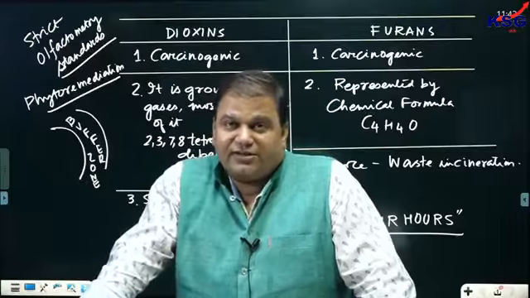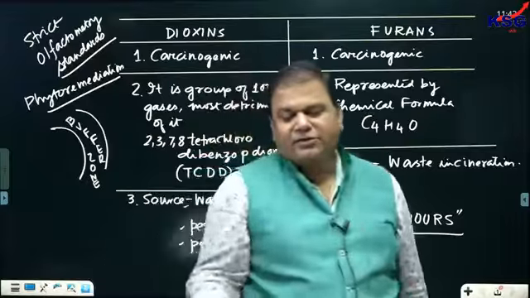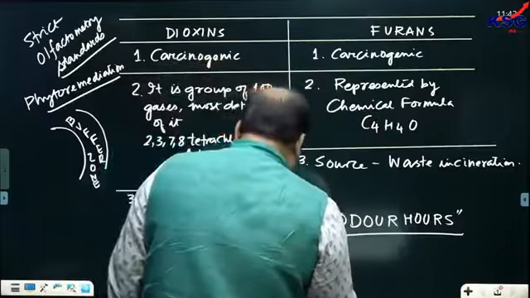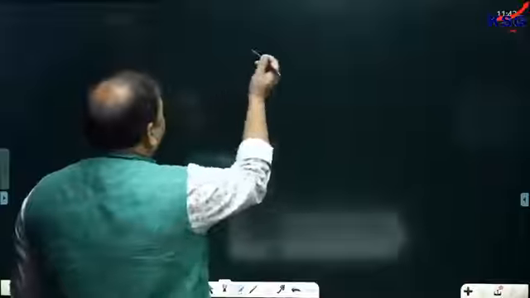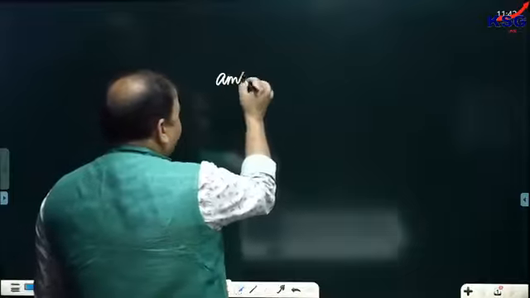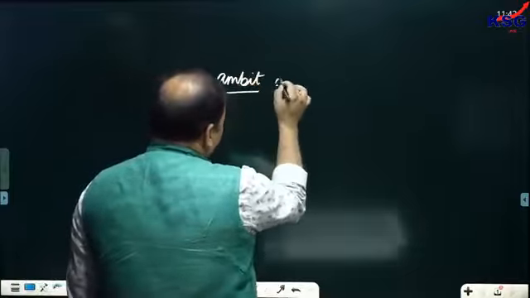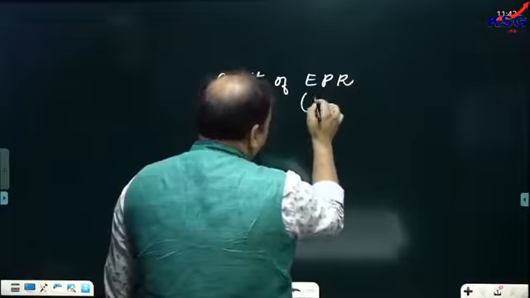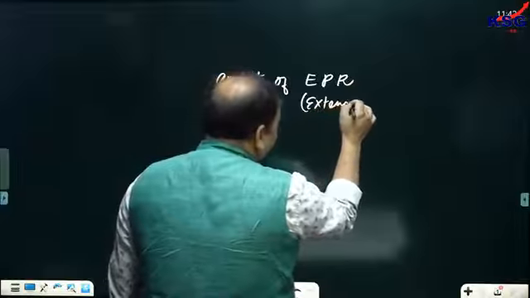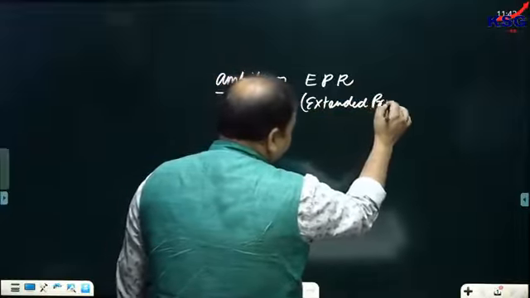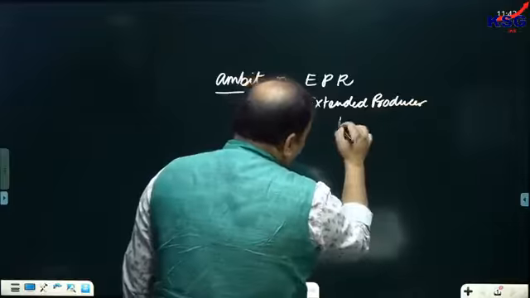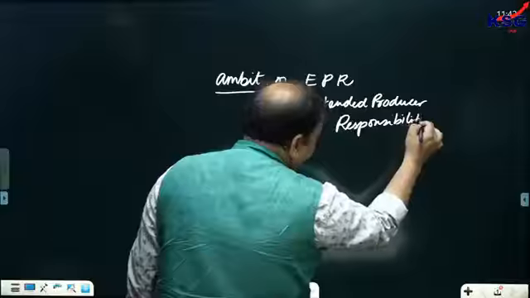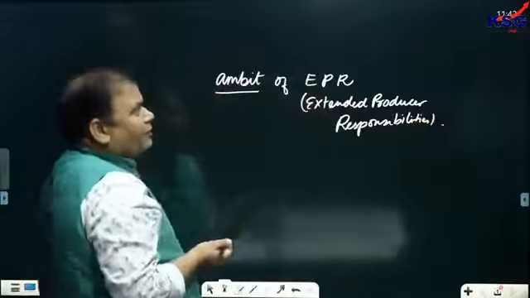Write down, collection, recycling and disposal of e-commerce waste should come under the ambit of EPR, that is extended producer responsibility. Now that's one way out that can be suggested.